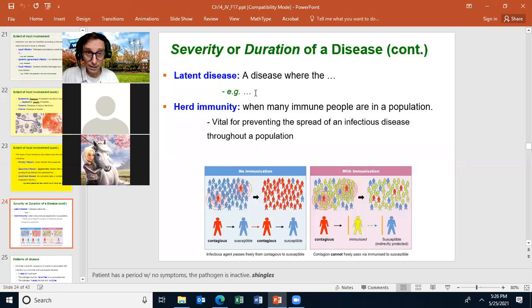And then when the chickenpox virus comes out, it doesn't cause chickenpox, it causes shingles. And usually when people get chickenpox, it's during childhood. And then when they get shingles, it's when they are at least middle-aged, if not elderly.